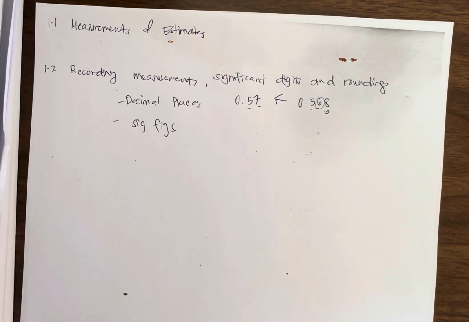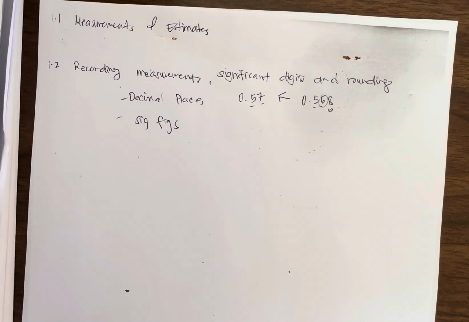Now for significant figures. There are several rules for significant figures. If you look at page 8, example 1, there's an example there. It's just the numbers that you count, the numbers that are significant, and there shouldn't be any confusion if you don't have zeros.